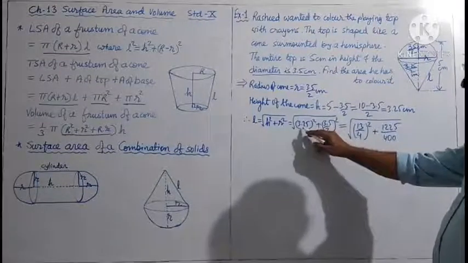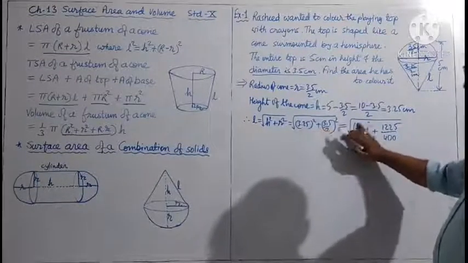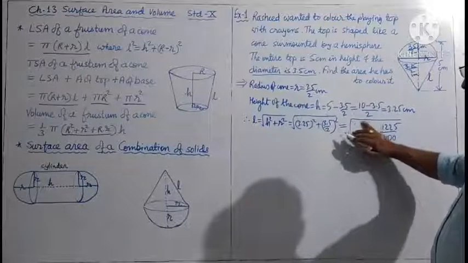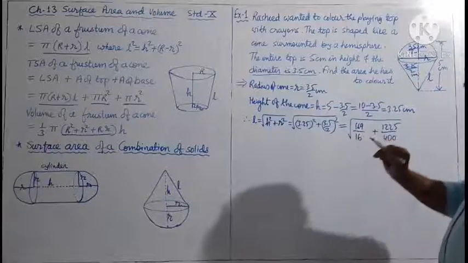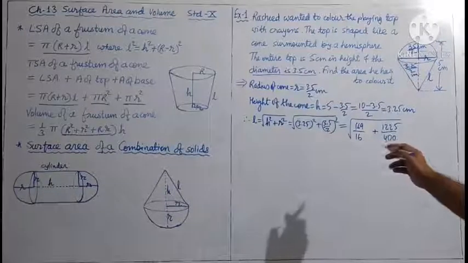Directly we can take the square. Here 13 by 4 means we can get 13 square, that is numerator is 169 divided by 4 square, that is 16. So now we can take LCM here.